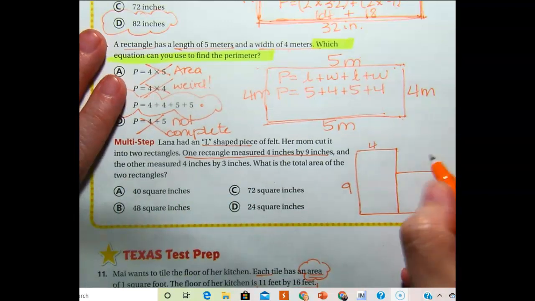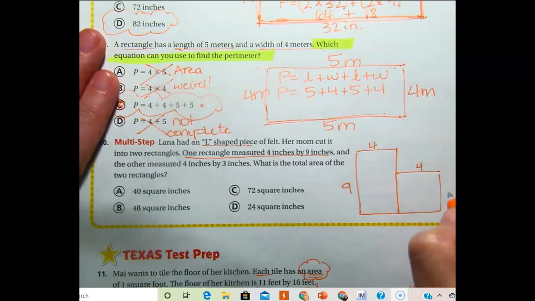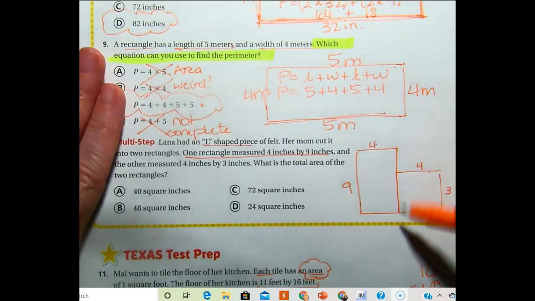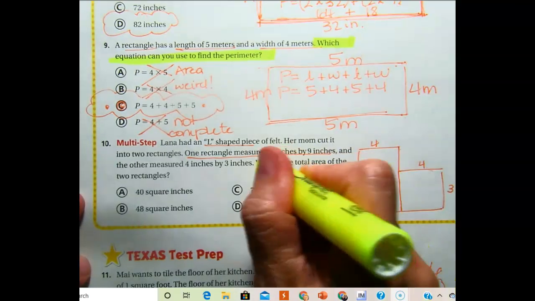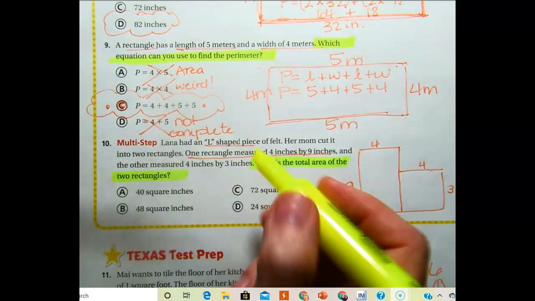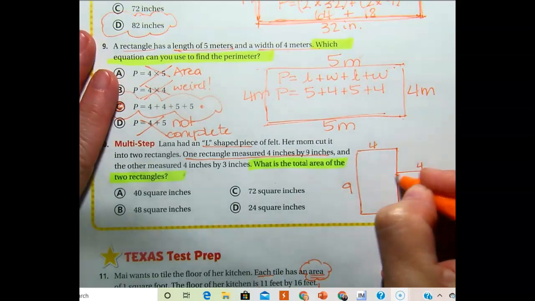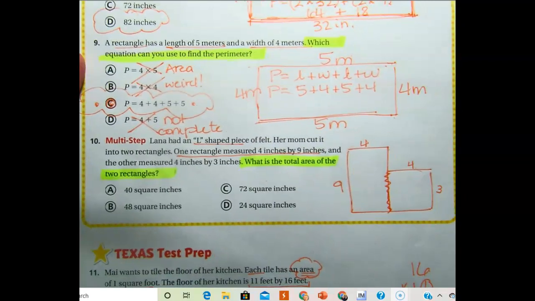Okay, so let's go ahead and draw this out. Okay, I'm just pretending I know that this is the smaller piece. The question says, what is the total area of the 2 rectangles? Now this actually does give us all the information that we need in order to find our answer. So if we made a cut, that means that these 2 have now become separate pieces.